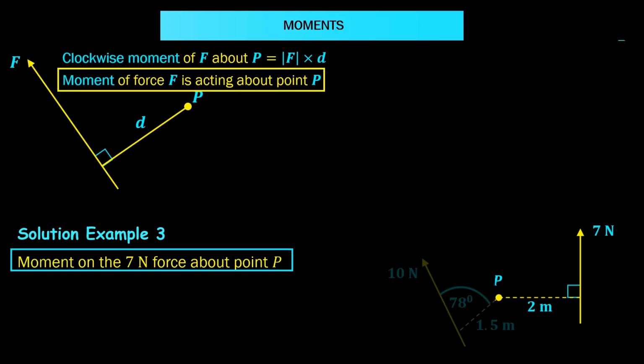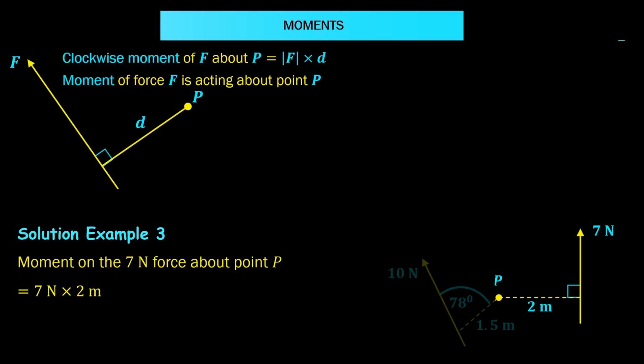The moment of the 7 newton force about the point P is equal to 7 newtons times 2 meters, which equals 14 Newton meters. And this is measured anti-clockwise as shown.